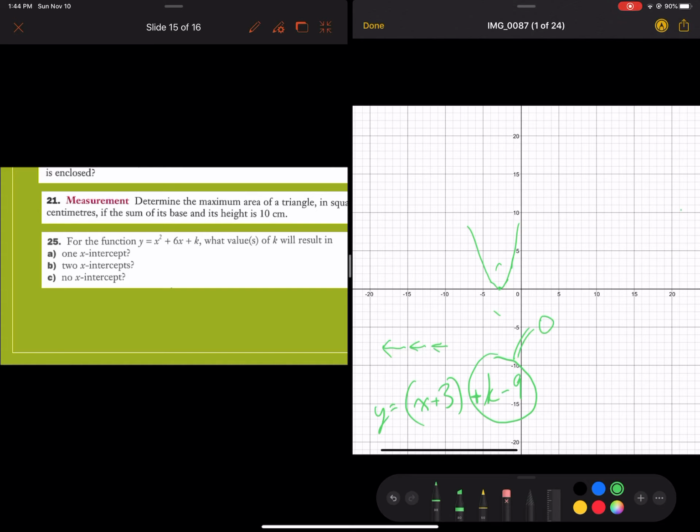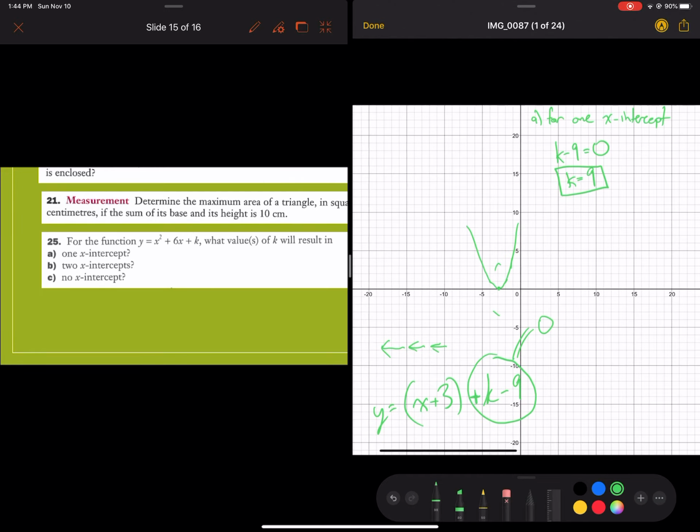So for one x-intercept, k minus 9 should equal 0, which means k equals 9. So that's the one value. If k equals 9, then 9 minus 9 is 0, and my equation is x plus 3 squared, which means there's only one intercept.